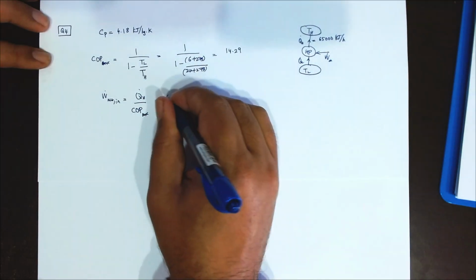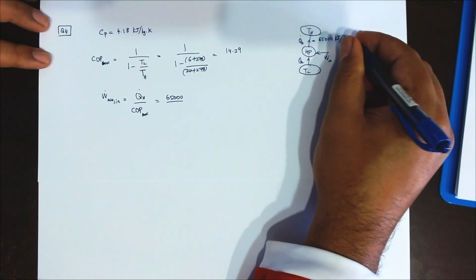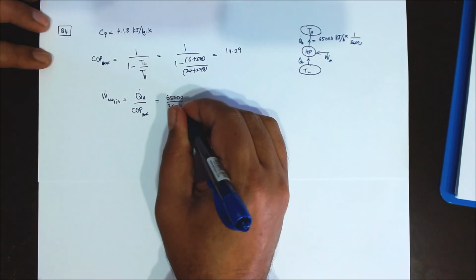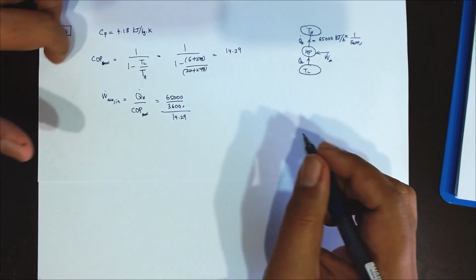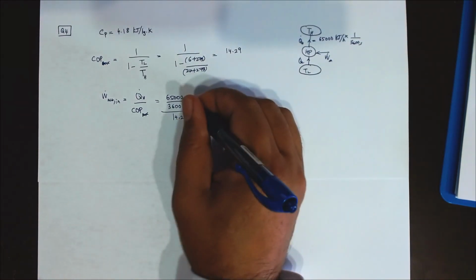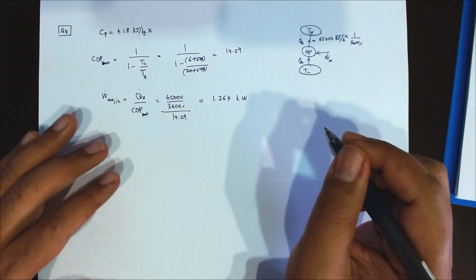So 65,000 divided by 3,600, because we want it in watts, over 14.29. So we get the answer of 1.264 kilowatt.